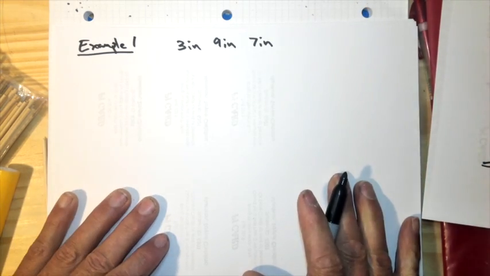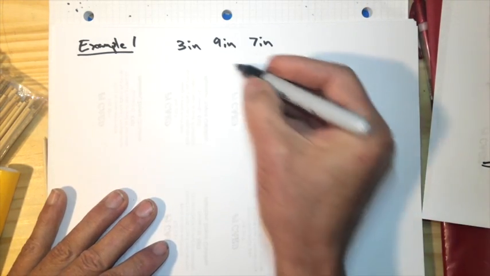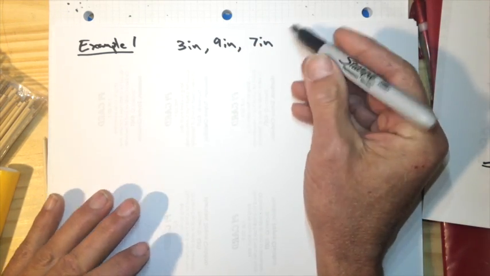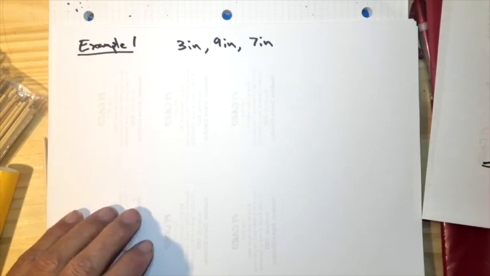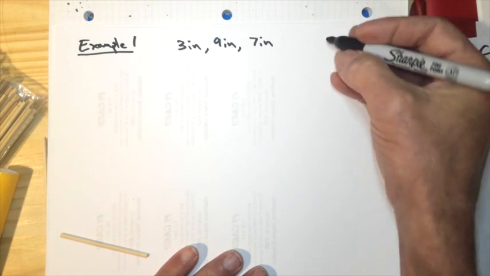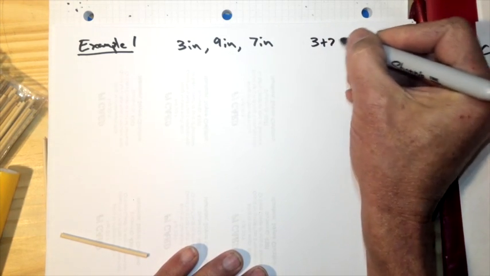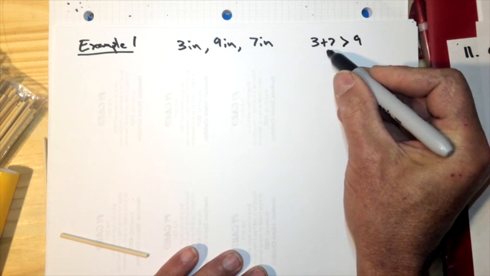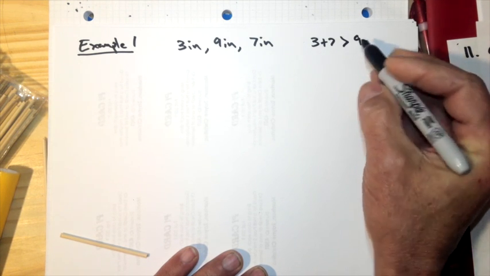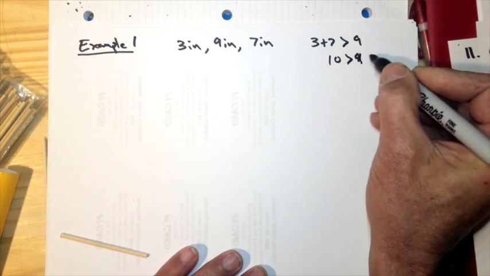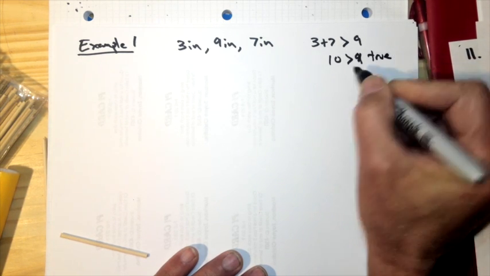First of all, I could start by determining whether it's a triangle, because if it's not, then I don't want to go on. So let's make sure that 3 plus 7 is greater than 9. The two shorter sides have to add up to be greater than the longer side. So that means 10 is greater than 9. This is true, so it's a possible triangle.